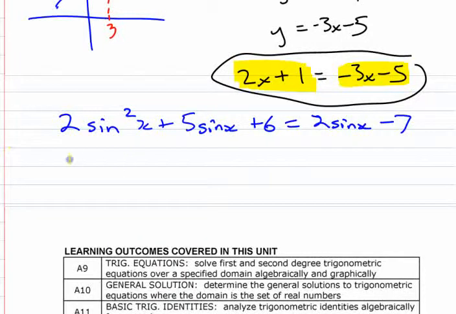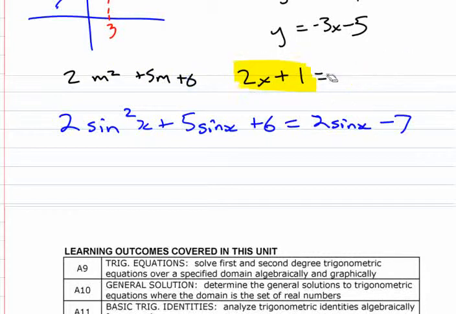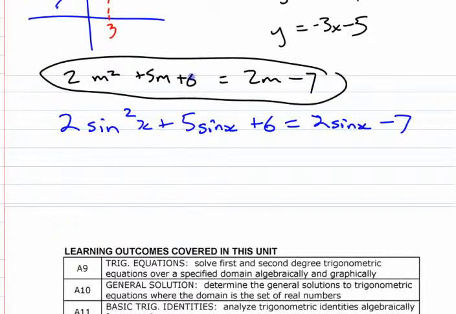You learned a long time ago about like terms. Just like before, if you had 2m squared plus 5m plus 6 equals 2m minus 7, you would know how to solve that, or at least how to start.